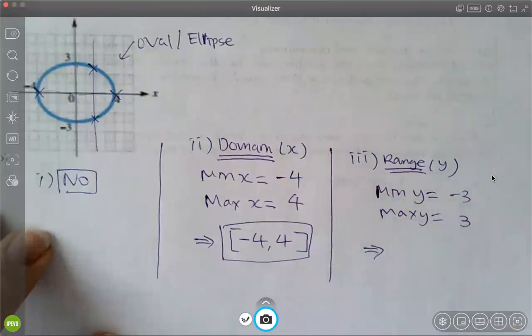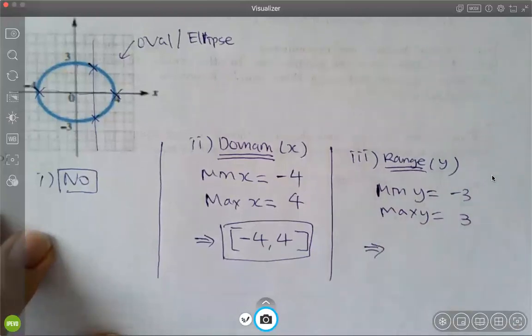Well, it doesn't matter for the relations, but this time it's the graph, and it matters for the interval notations, because what you have to write is the smaller number first and then the bigger number, right? So it matters. Okay, so -3, 3, both in brackets.